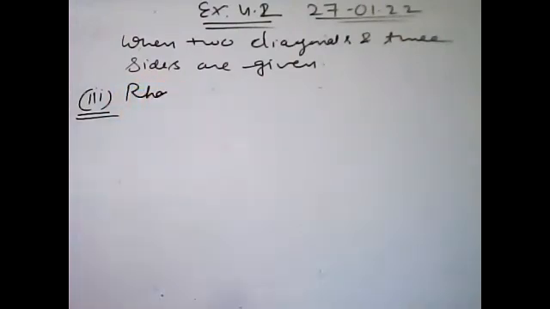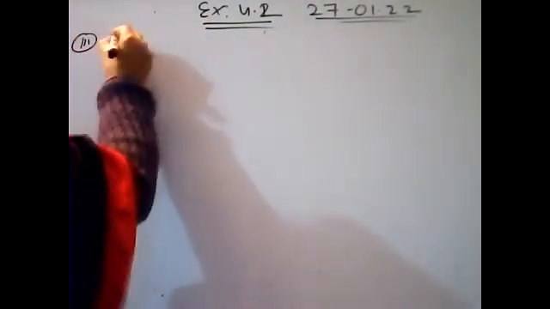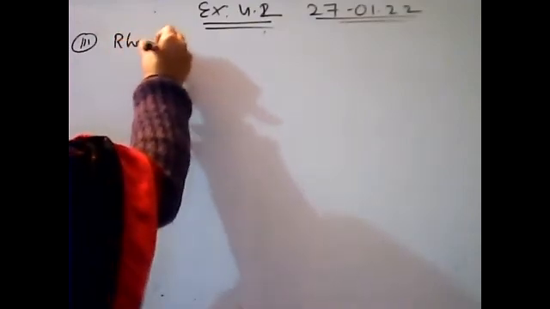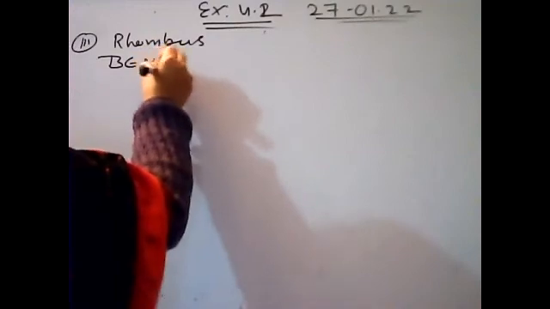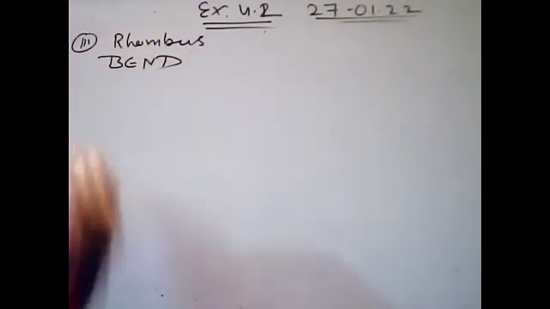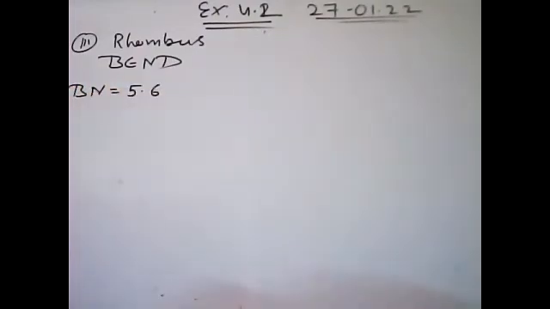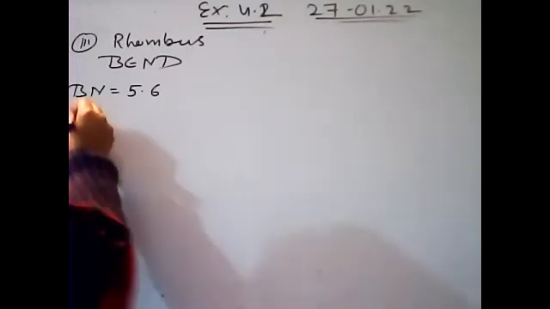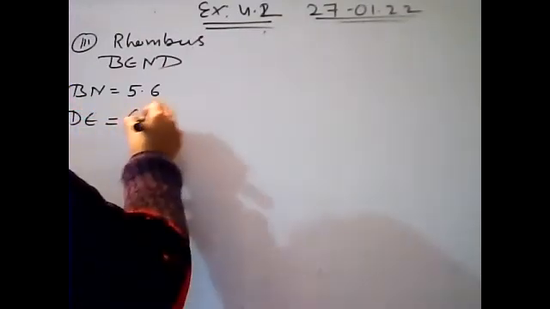Now we are to construct a rhombus BAND in which BN is equal to 5.6 centimeters and DE is equal to 6.5.